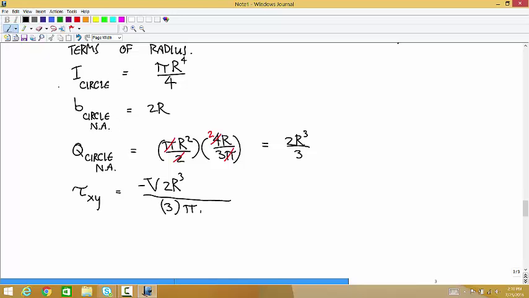so pi r to the 4th with a 4 in the numerator. B is 2r, then a whole bunch of stuff cancels.